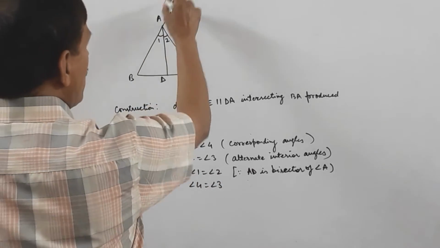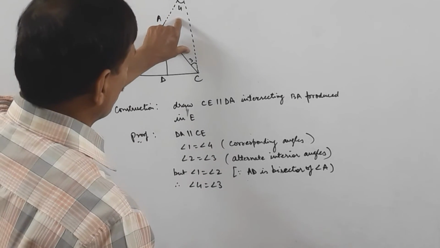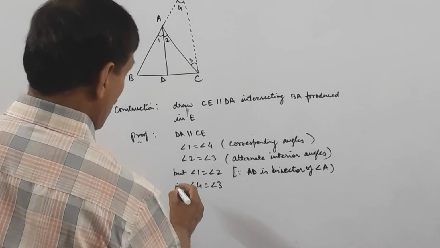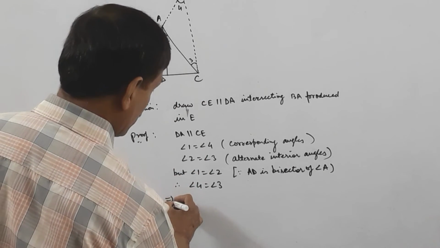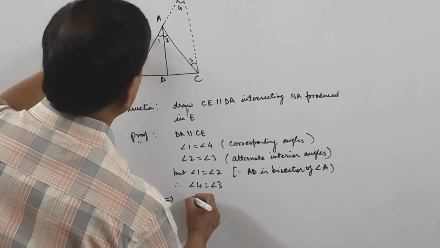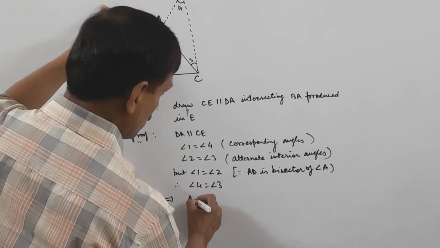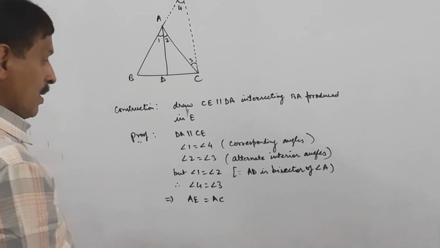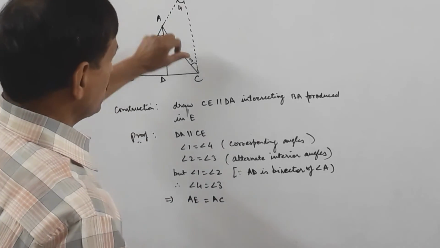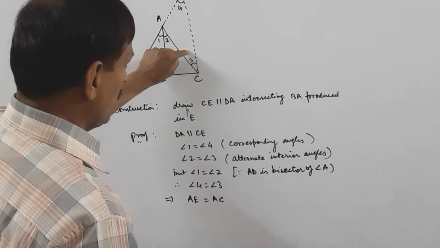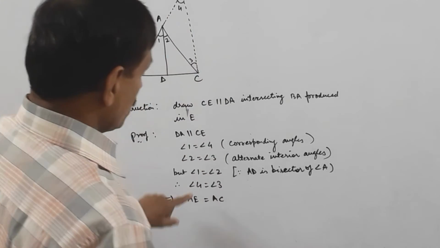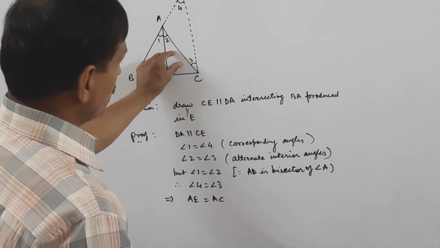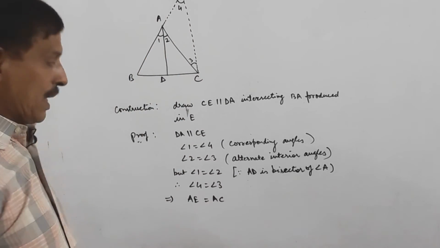So in triangle AEC, angle 3 is equal to angle 4. So triangle AEC is an isosceles triangle. Therefore AE is equal to AC. These are the angles opposite to sides AE and AC, so these sides are equal.